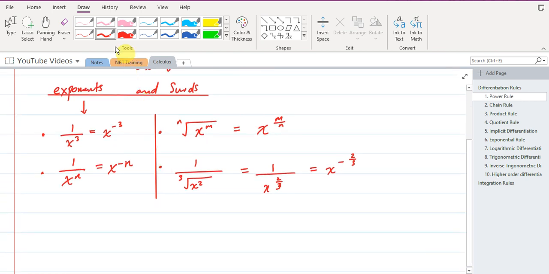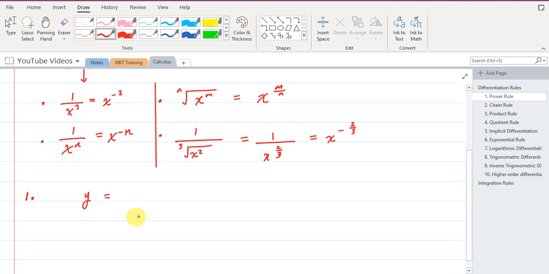So let us look at a few problems. Example number 1, applying the power rule. I have a function y is equal to 2x squared minus 3x plus 4 over x plus 2.